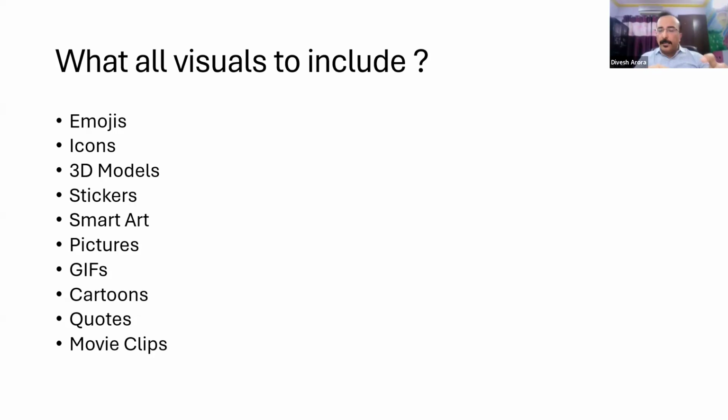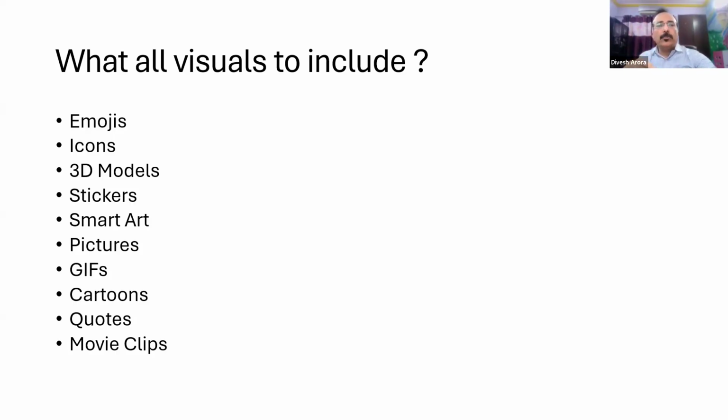This is a list which I've been using in my slides in some way or the other over a period of years. It is up to you whether to incorporate it or not. Number one, we talk in a very visual language on WhatsApp in the form of emojis, my dear friends. So emojis are good: thumbs up, thumbs down, sad, happy.